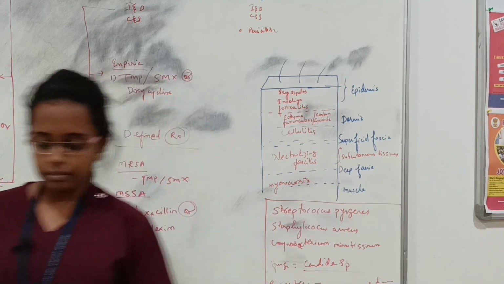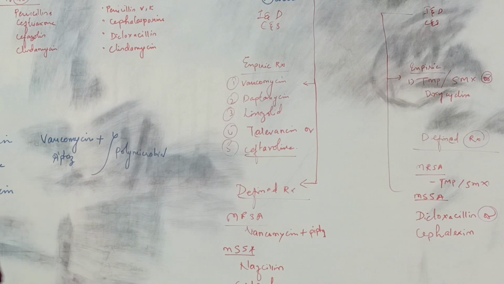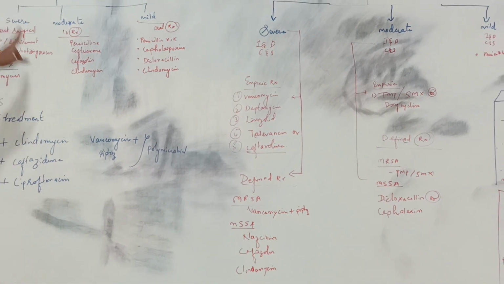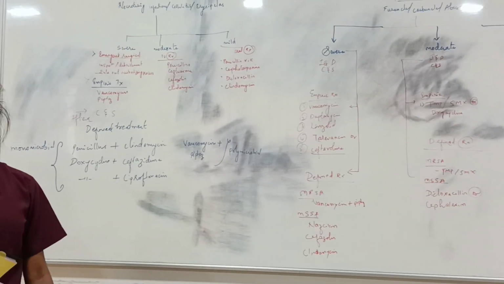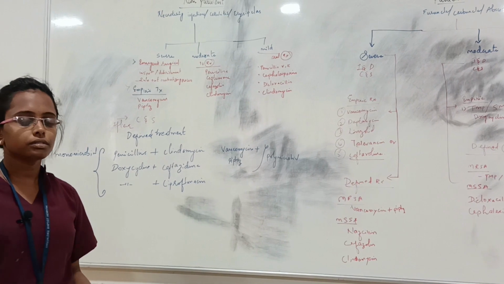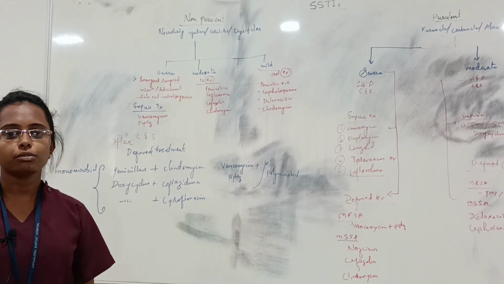Okay, so now coming to the treatment part. We have two treatment categories: non-purulent and purulent. So what is non-purulent and purulent? No, pus is correct, but formation is wrong.